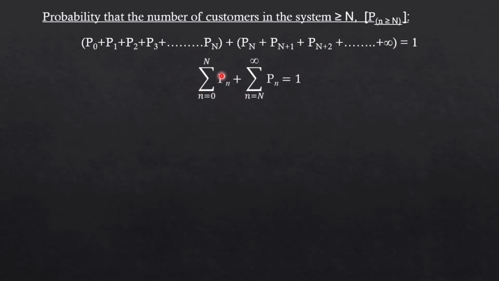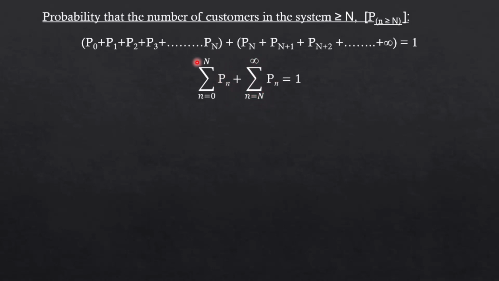And from this equation we can see the probability of having n persons in the system where n is from 0 to n, and this is the probability of n persons in the system where n is from n to infinity. So this is equal to 1, and we need to find this particular term. That means we need to find the probability of having n number of persons where n is from capital N to infinity.